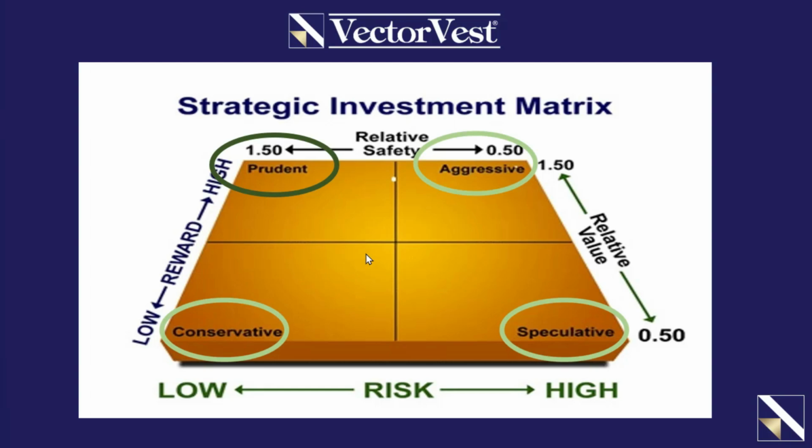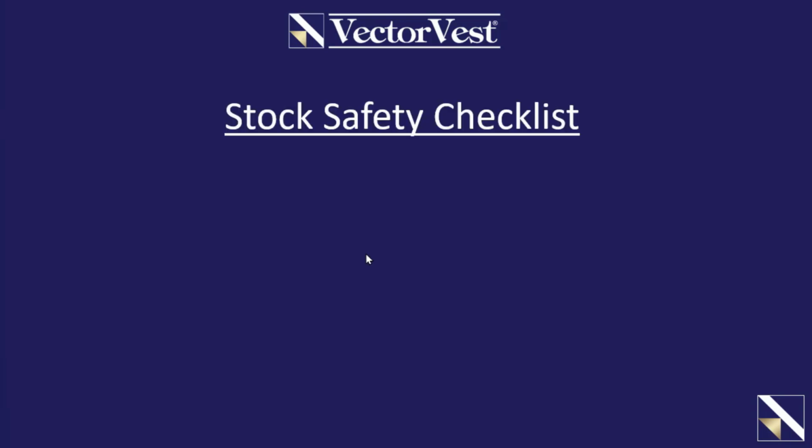Okay, from here, let's talk a little bit about the process that VectorVest uses to analyze stock safety. Many of you have seen this stock safety checklist before. As a good review, I want to talk about what goes into the stock safety checklist and the important factors that Dr. D put into the proprietary indicator of relative safety, which we'll talk more about in a moment.